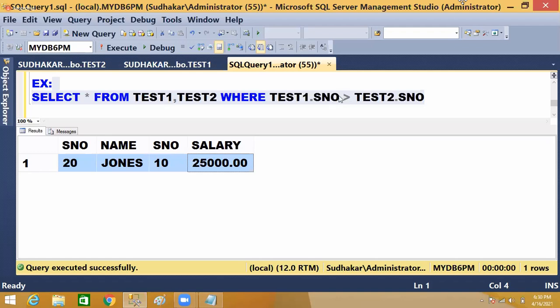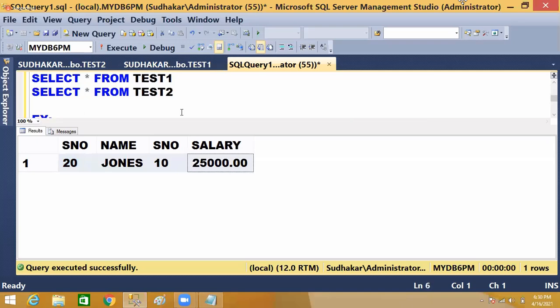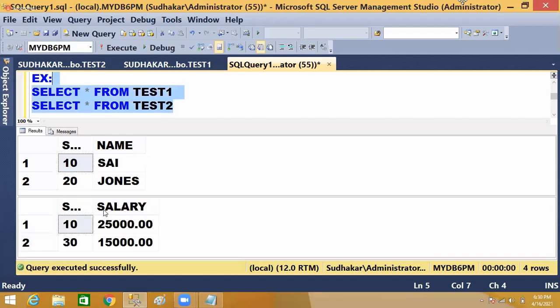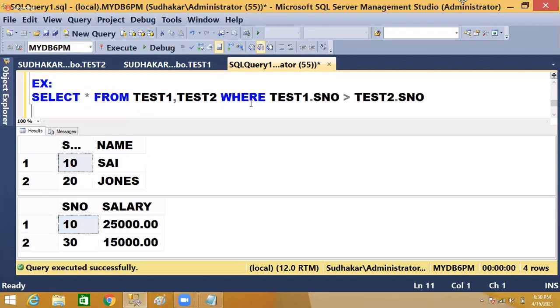Based on this condition, the records that are satisfied are joined together and displayed on the screen. How this query is executed is the same as I showed yesterday, based on the rule. The same rule I followed here. Now let me take this condition that I wrote.